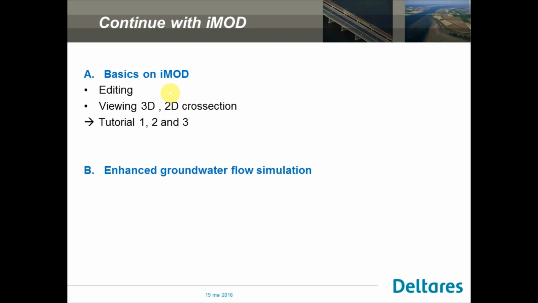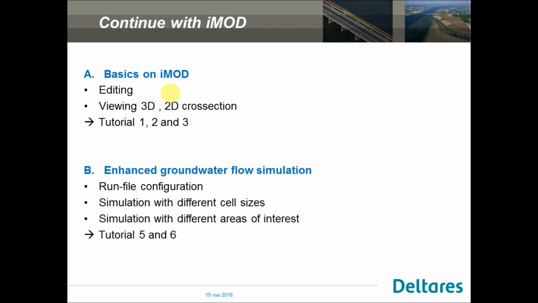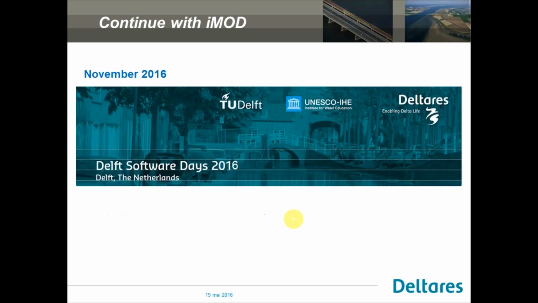And if you need some information about enhanced groundwater flow simulation, I can recommend you to go to tutorial 5 and 6, and it's more about run file configuration, more about simulation with different cell sizes or simulation with different areas of interest. So that's some additional information for you.